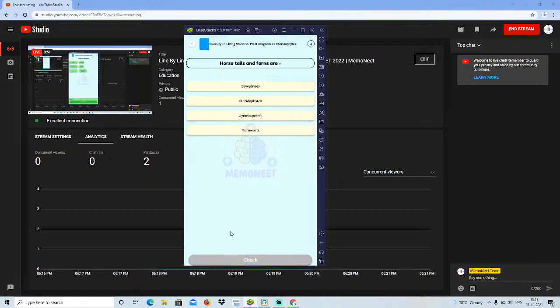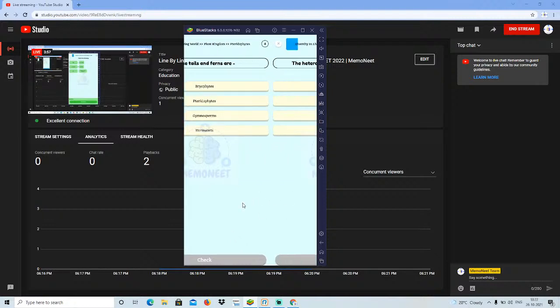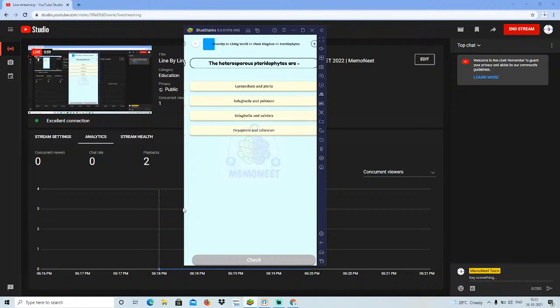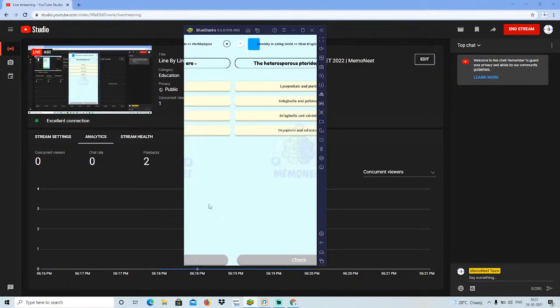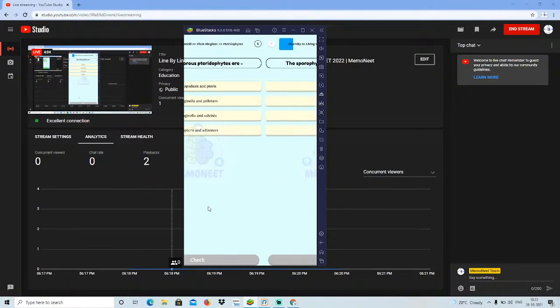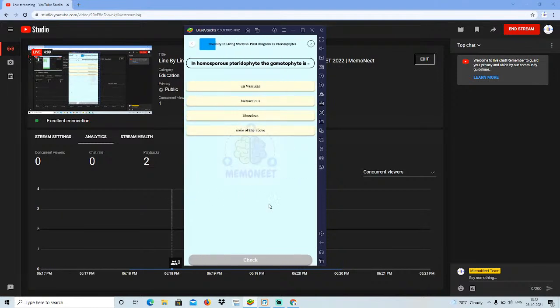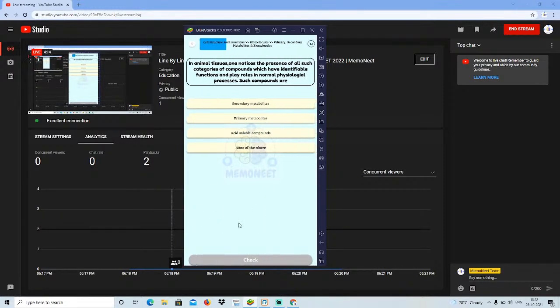Horsetails and ferns are... I don't think I've covered this question. These are all pteridophytes, so I will just skip them. I learned some of the pteridophytes questions, so those are reflecting here. Never mind. Angiosperms as well.